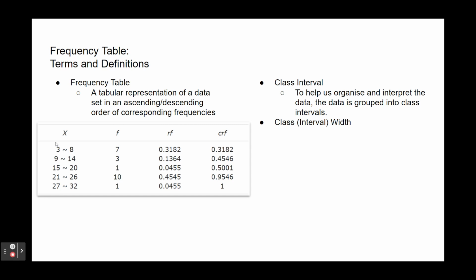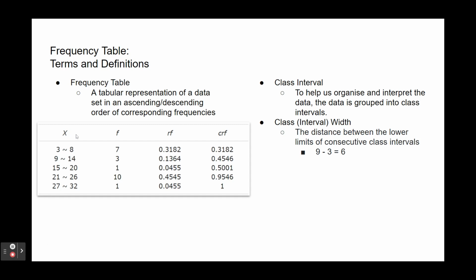Interval width is the distance from the lower limit of one interval to the lower limit of the next interval. So 3 is the lower limit of this interval, and 9 is the lower limit of the next interval. In this case, 9 minus 3, which is 6, becomes the class interval.